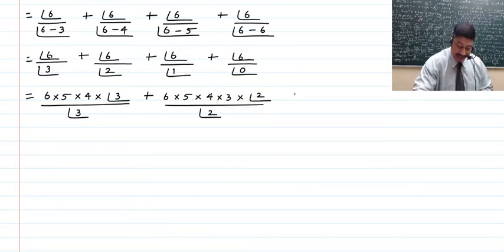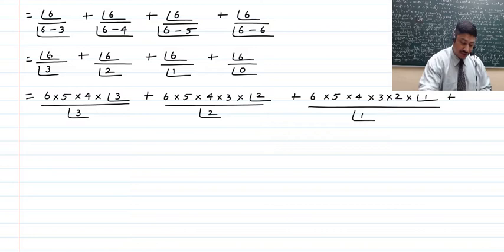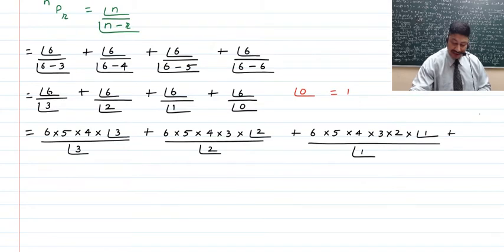To that is to be added 6 into 5 into 4 into 3 into 2, right, into factorial 1 divided by factorial 1, and lastly we will have this as factorial 0 is equal to 1, right, and thus here lastly we will have what we had earlier, that is factorial 6.